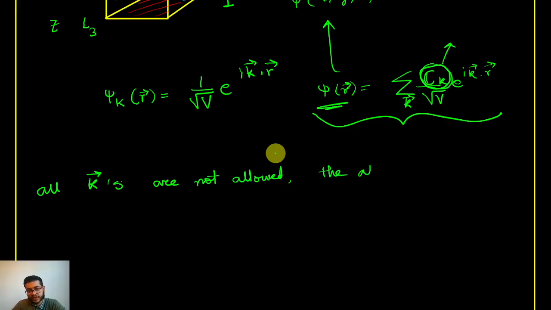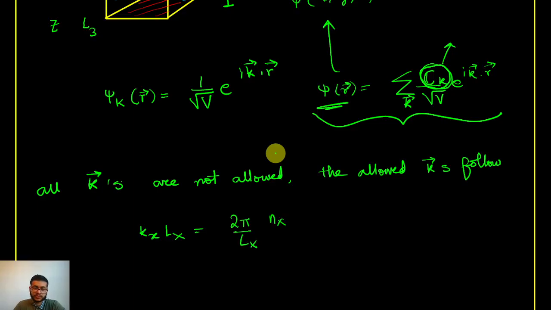The allowed k's follow kx lx equals 2 pi nx, sorry, 2 pi nx. I am writing it as lx, ly, and lz. That can also be written as k1 l1 equals 2 pi n1.